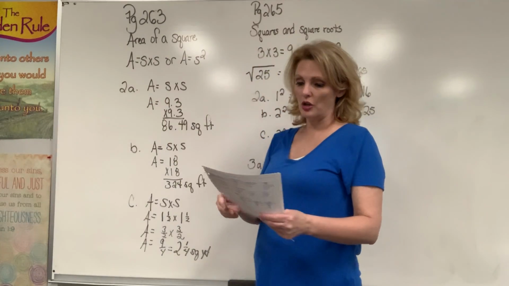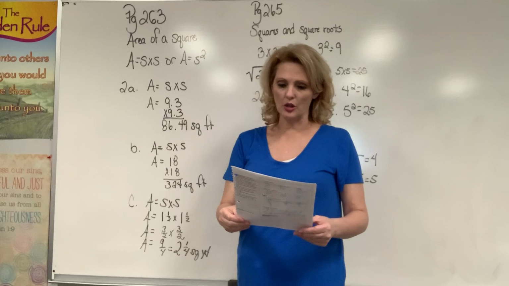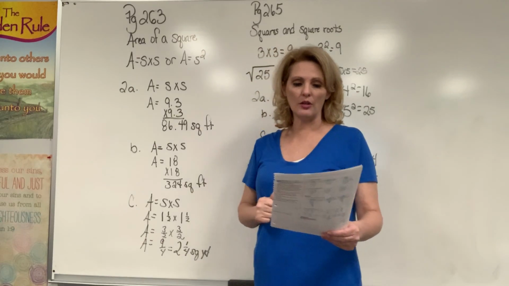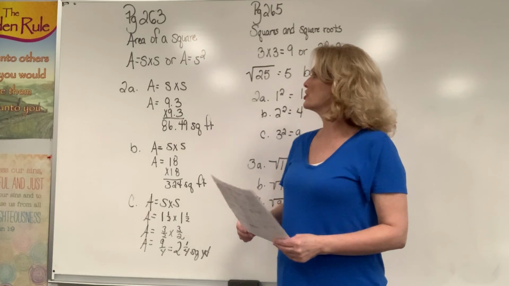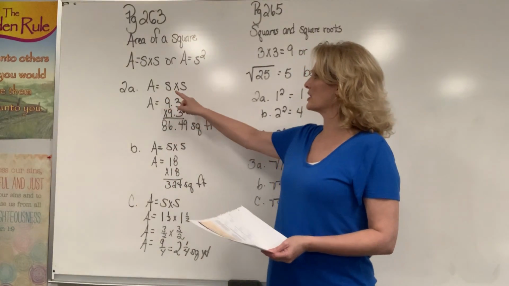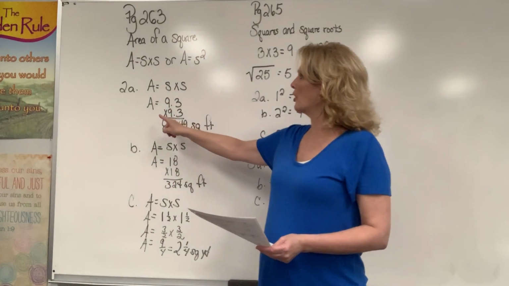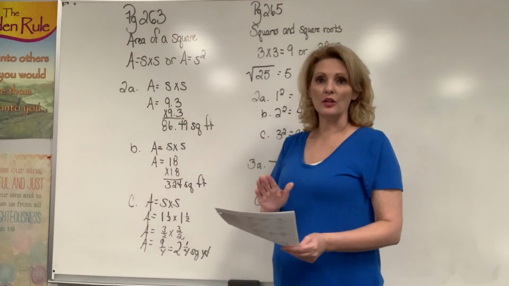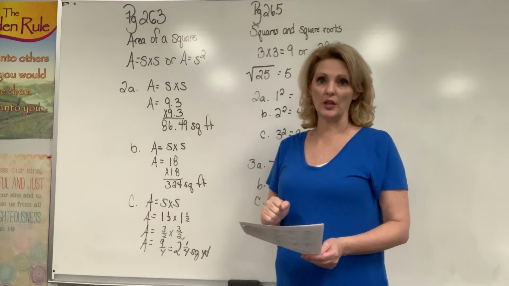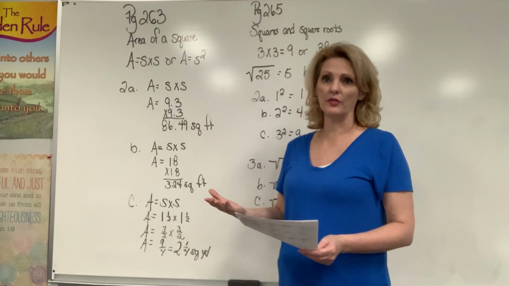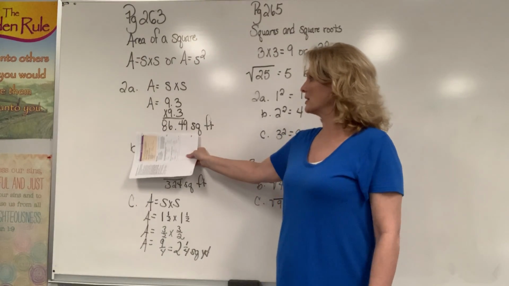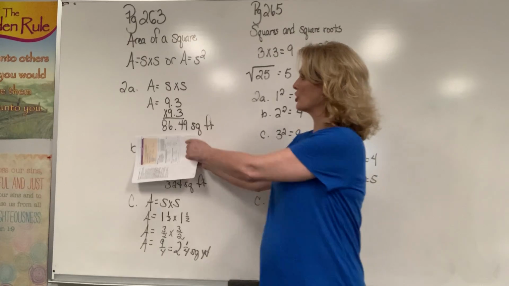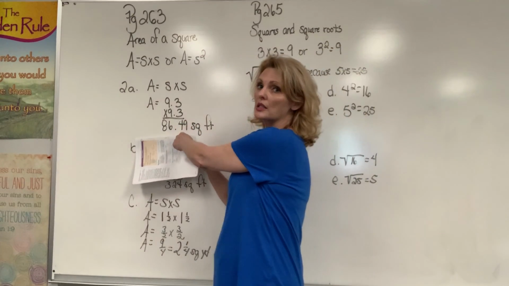So on 2a, on page 263, they've given you the side of 9.3 feet. So you'll say area equals s times s, so area equals 9.3 times 9.3. You're multiplying it by itself. When you get that final answer, make sure you put your decimal in the correct spot.